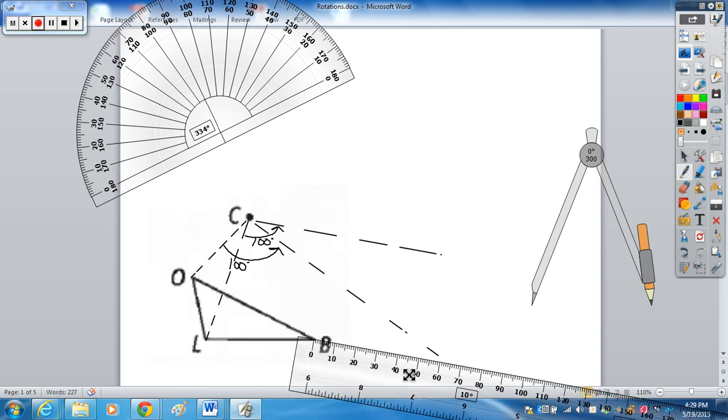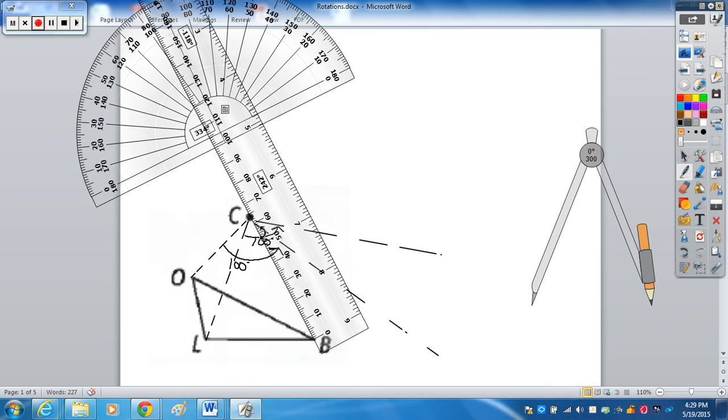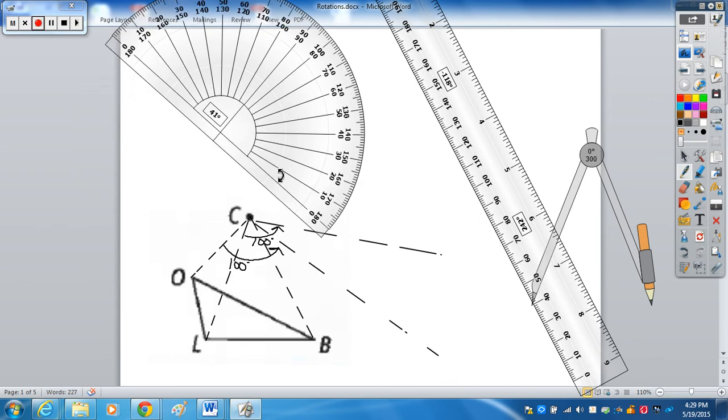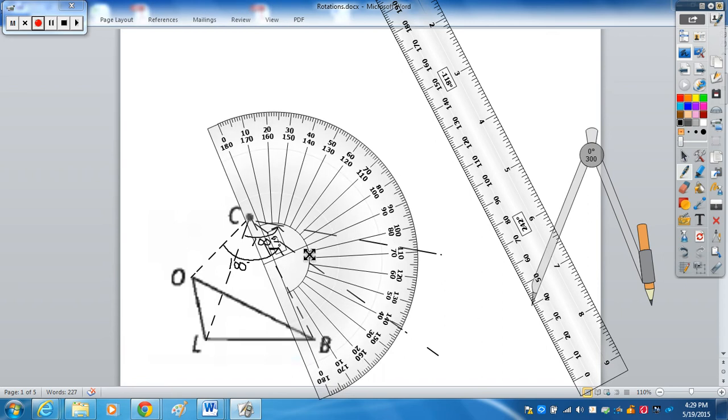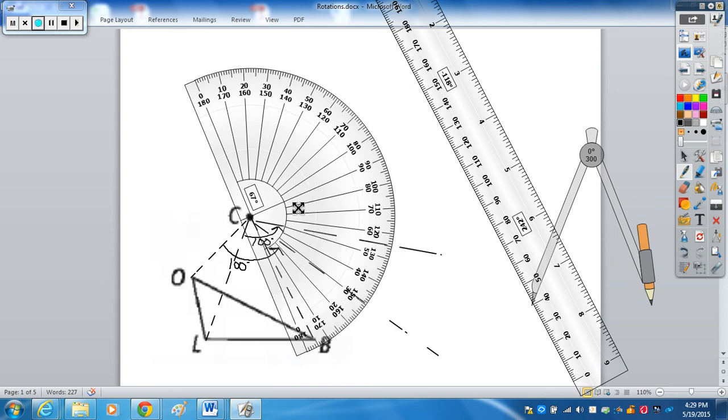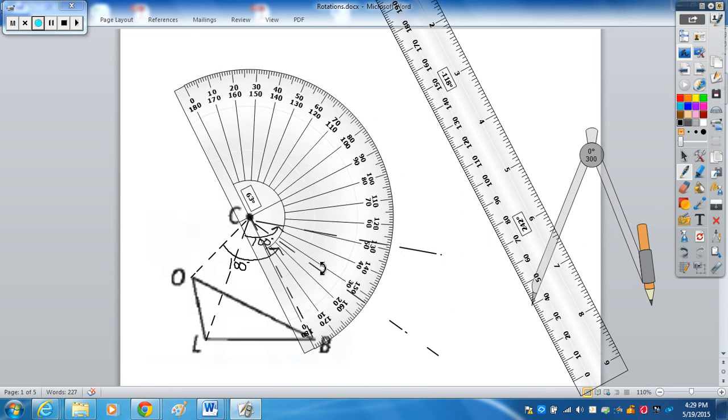So okay, and I'll take my protractor down here, place it right on the center. Oh, kind of blurry. There's so many lines there.